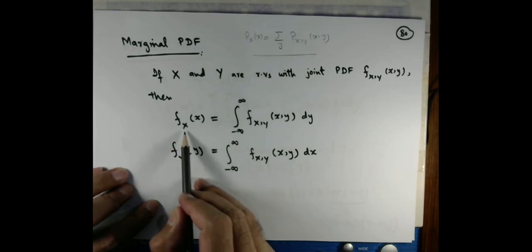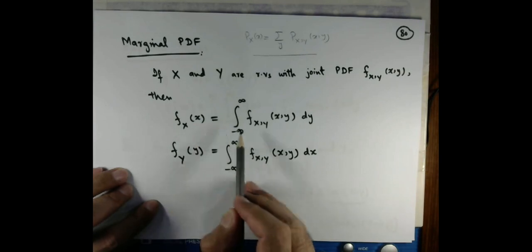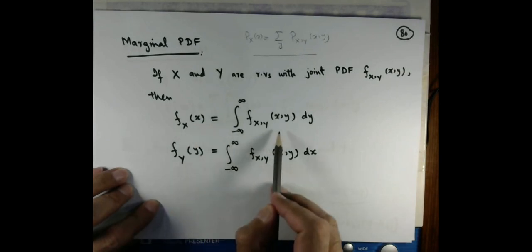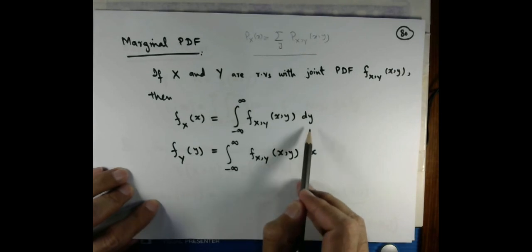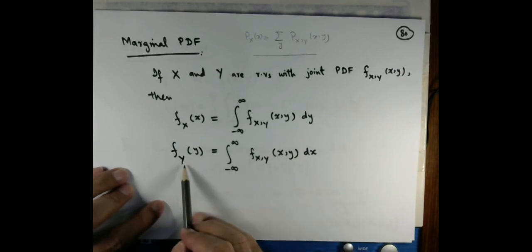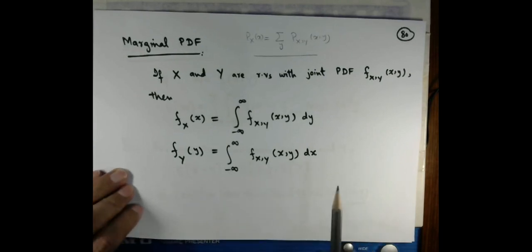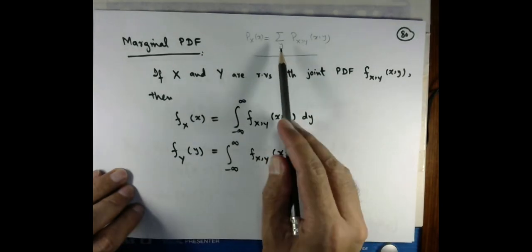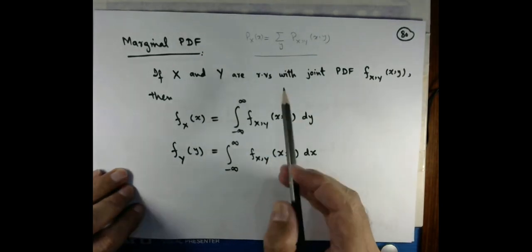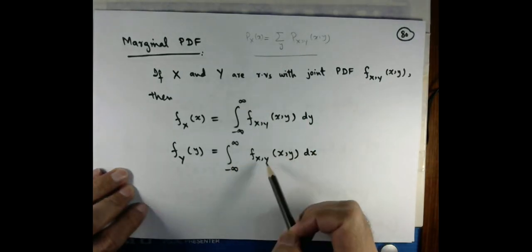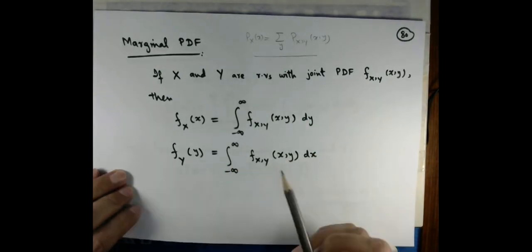So if you want to find the PDF of X, you integrate the joint PDF with respect to Y. And if you want to find the PDF of Y, you integrate over X. You see here it is summation, and here it is a continuous case, so you replace summation with integration, and you replace joint PMF with joint PDF.